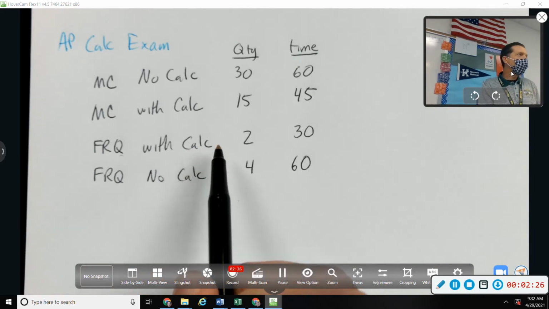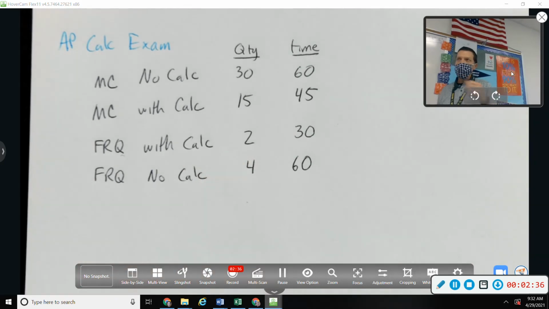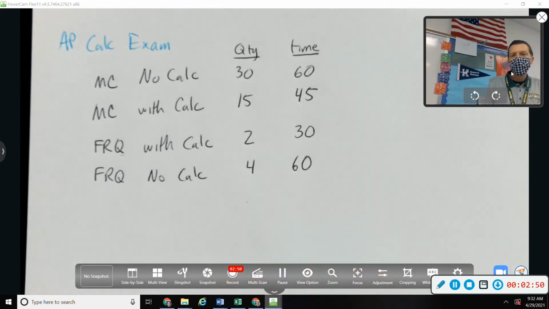So if some inspiration hits you, or you read another part of a problem, or sometimes your brain just clicks, you're like, oh yeah, that's the whatever, and you need to go back and fix something or change or add, you can. You just won't have the calculator. So you may not be able to get the problem, but you might get some points, especially if it's an explain or you can show some setup. So you can go backwards. You just can't go backwards with the calculator.